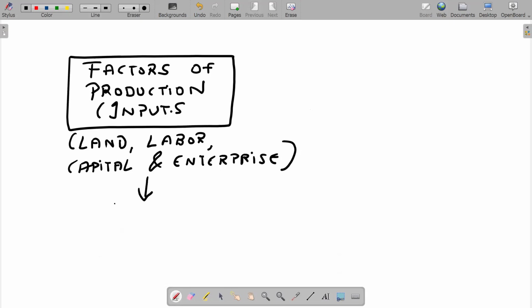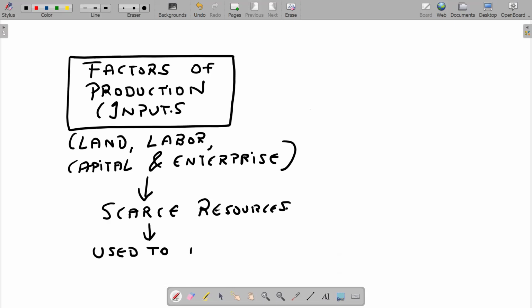We learned that these are scarce. These are scarce resources, which are used to produce goods and services.